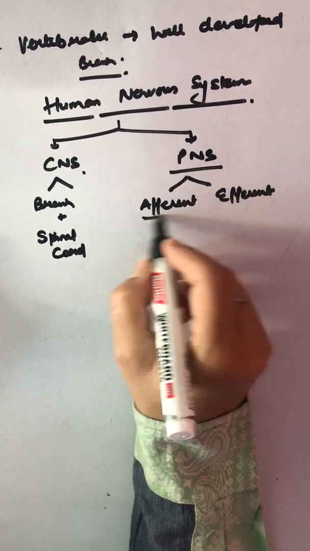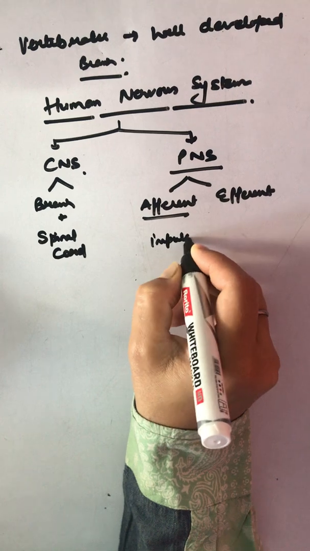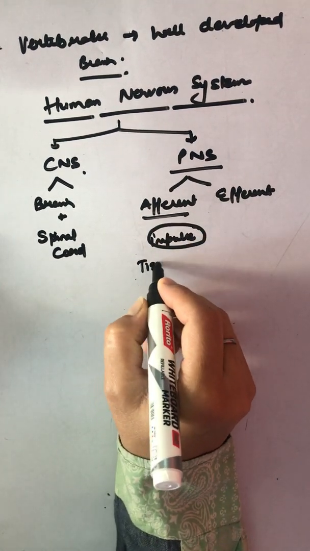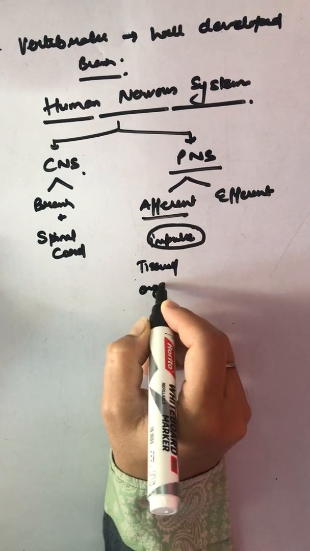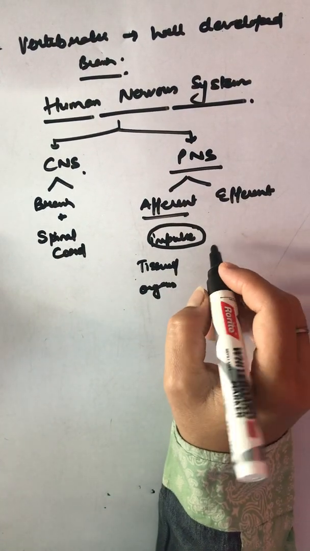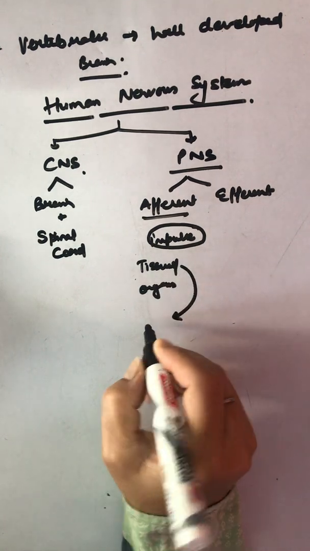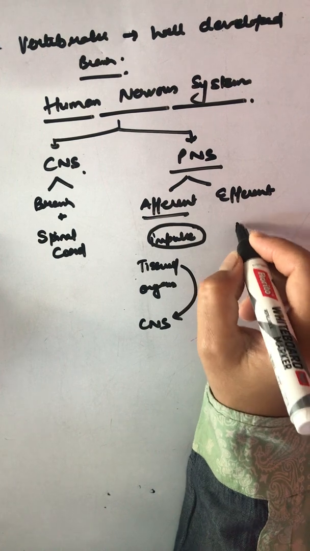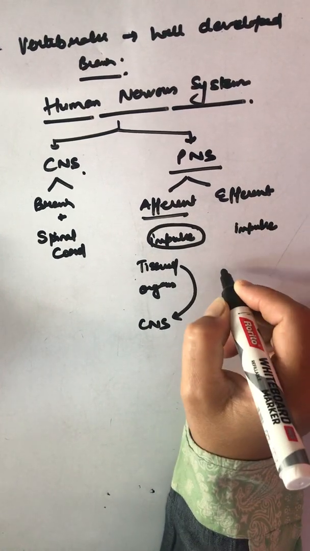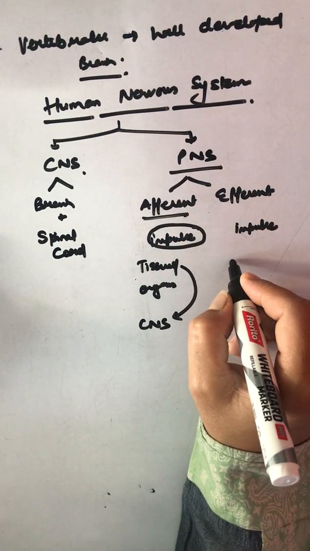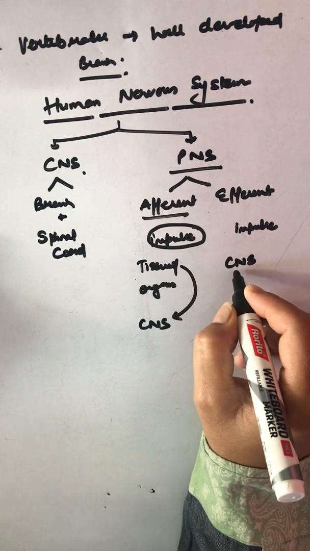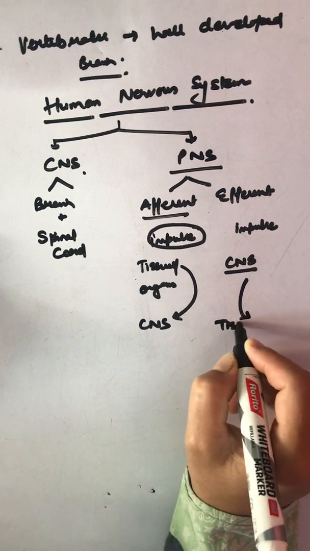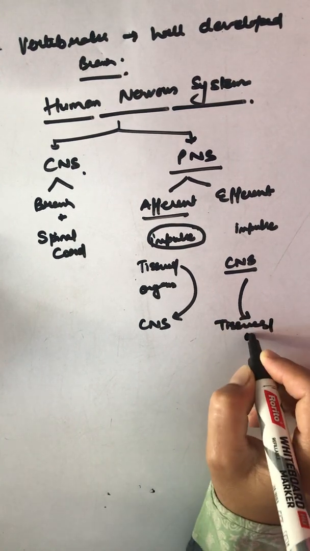Afferent transmit the impulse from tissues or organs to the CNS. Efferent transmit the impulse from the CNS, the central nervous system, to the various tissues or body organs.